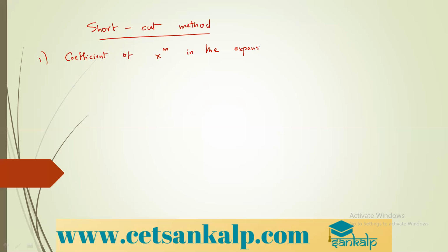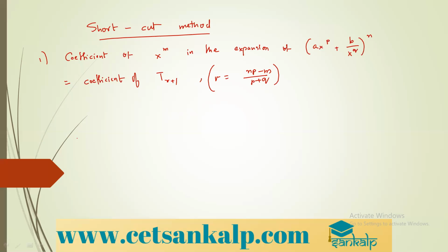In the expansion of (ax^p + b/x^q)^n, that will be nothing but the coefficient of T(r+1). But what is this r? r is nothing but (np − m)/(p + q). That's the formula to find r.